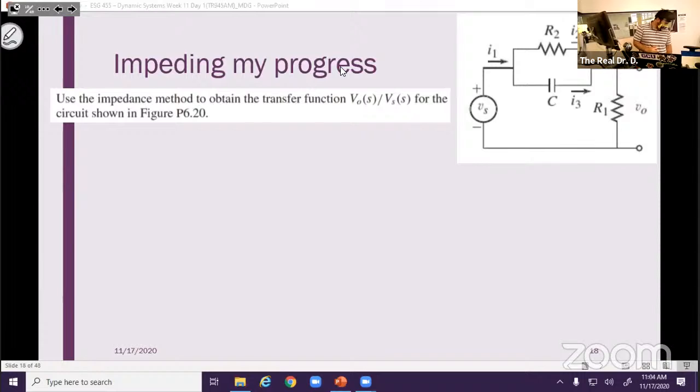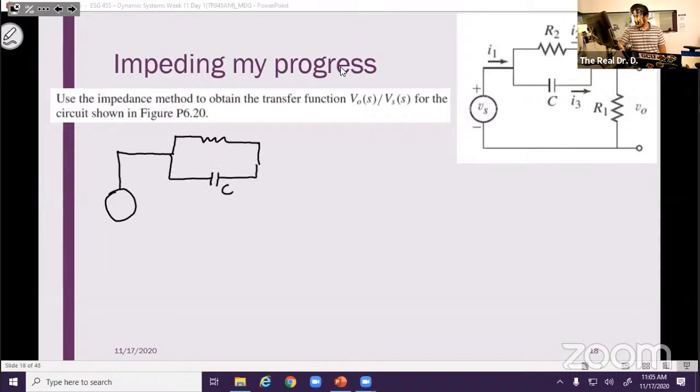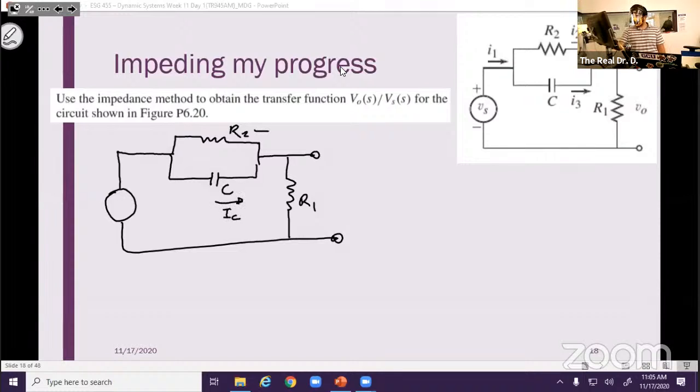So let's draw our circuit. All right, we'll call this one here I sub C. This one on the top branch is IR2.